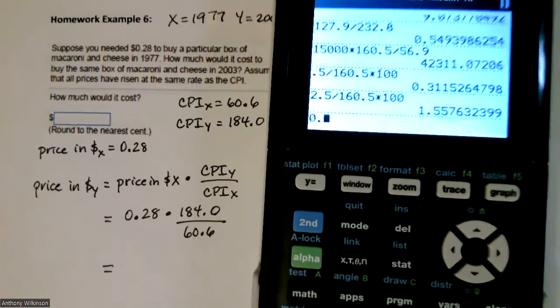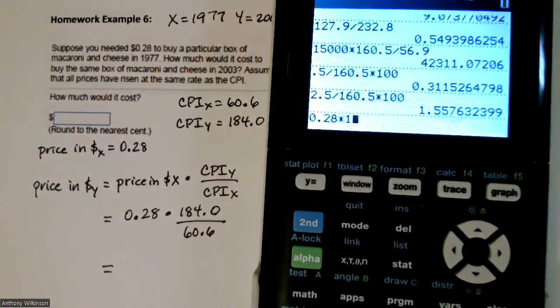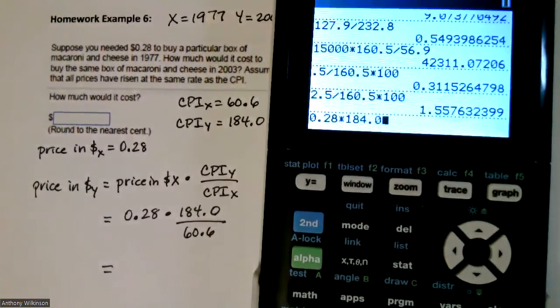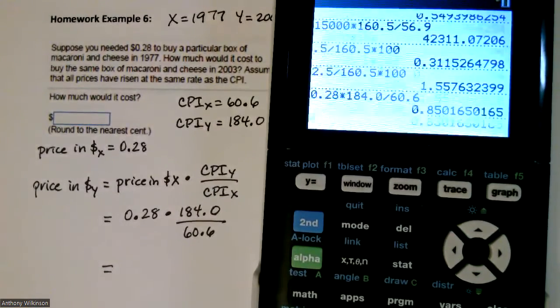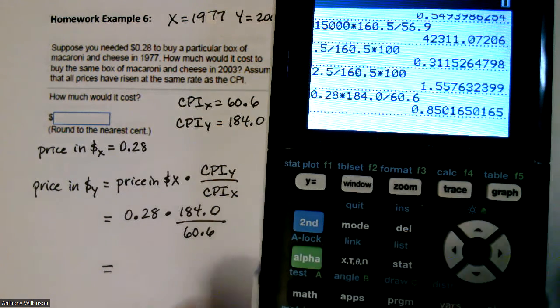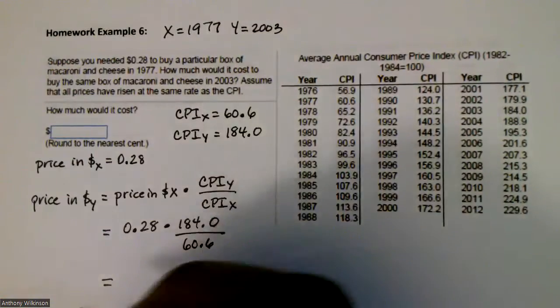So in this case, 0.28 times 184.0 divided by 60.6. To two decimal places, that price in 2003 would be 85 cents, or 0.85.